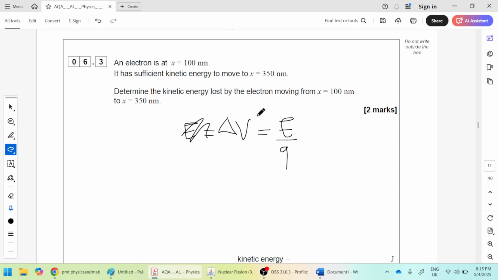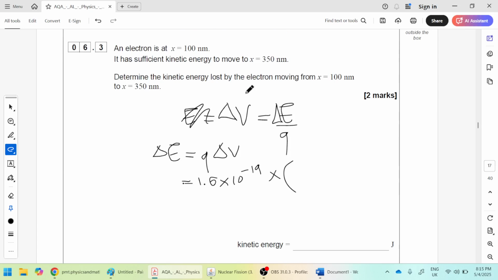So change in voltage means change in energy, because charge is constant. Yeah, so what we need to do is Q times delta V. Change in electrical energy is Q times delta V. That is 1.6 times 10 to the power minus 19 times, you just have to get it from the graph here, at 100 and 350.